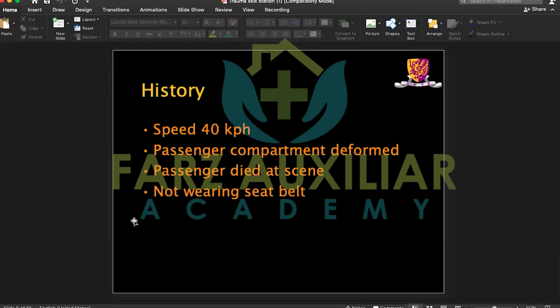So the speed of the vehicle is around 40 km per hour. The passenger who was with this person had died at the scene, and the passenger was not wearing the seat belt. So this is a typical high-risk history, as per the NEXUS criteria and Canadian cervical spine rule.